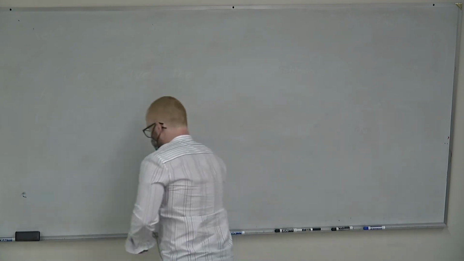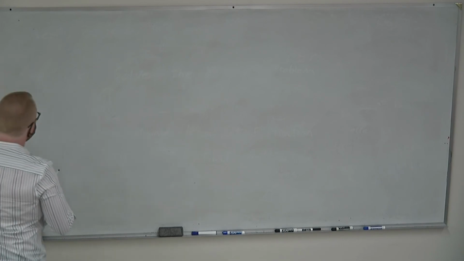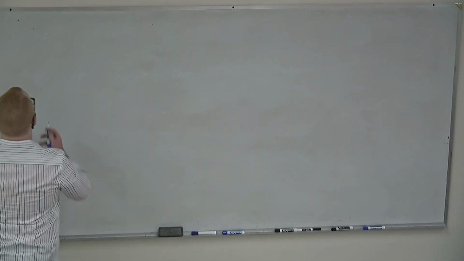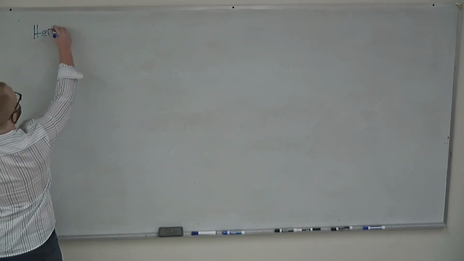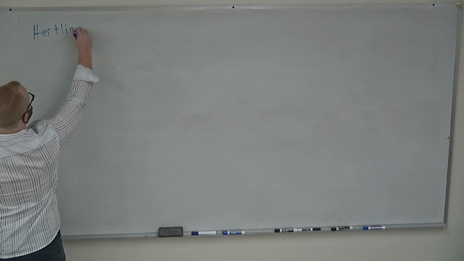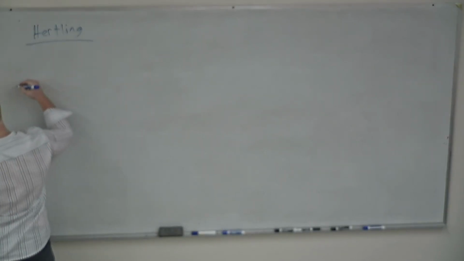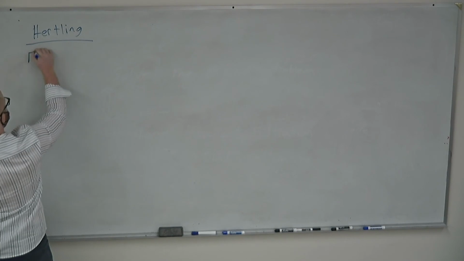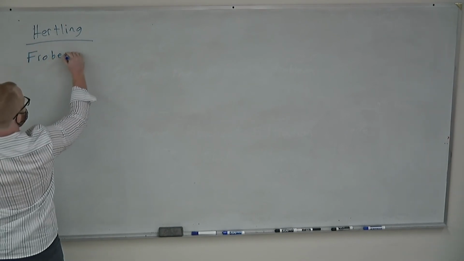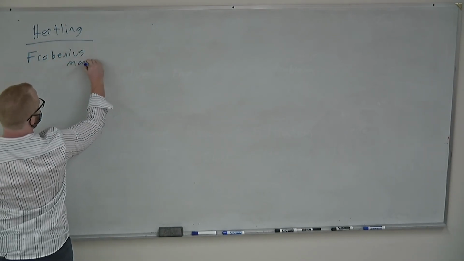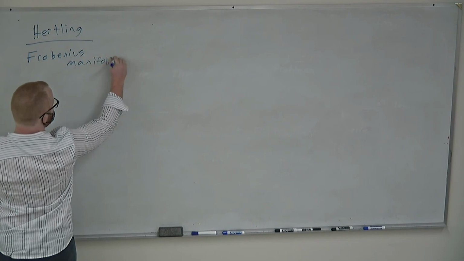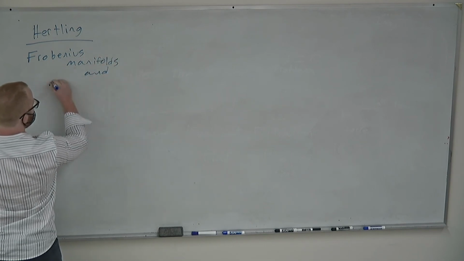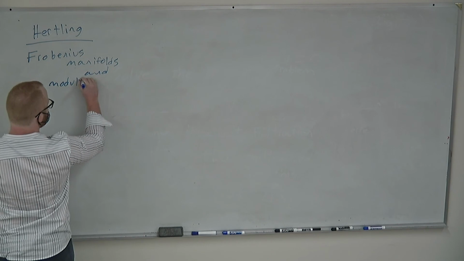The main one that I used, at least for the Frobenius manifold stuff, is this book by Hertling, Frobenius Manifolds and Moduli Spaces of Singularities.